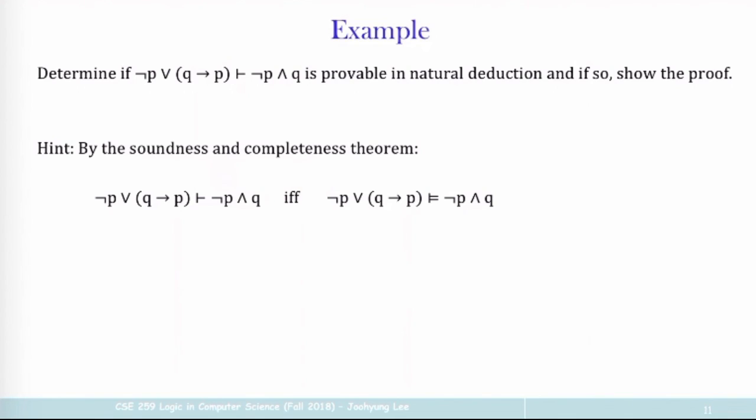The soundness and completeness theorem is saying this can be derived if and only if this. But this is also the same as saying that if it's not derivable, then entailment also does not hold, and vice versa. So sometimes you want to use the positive version of this theorem. Sometimes you want to use the negative version of this theorem. It depends on how you do it. Are we clear about it?